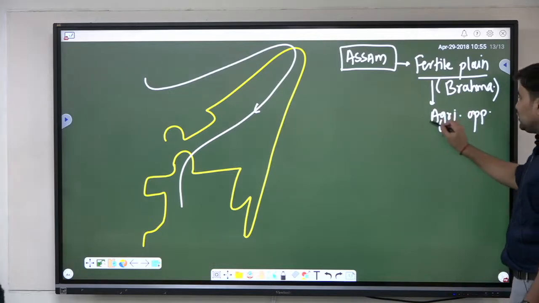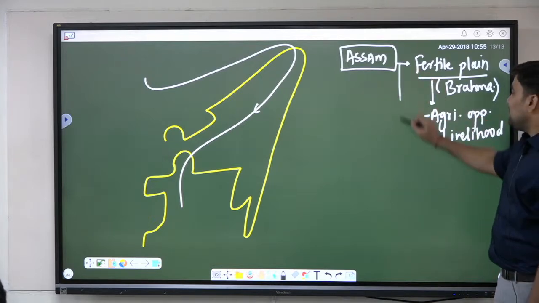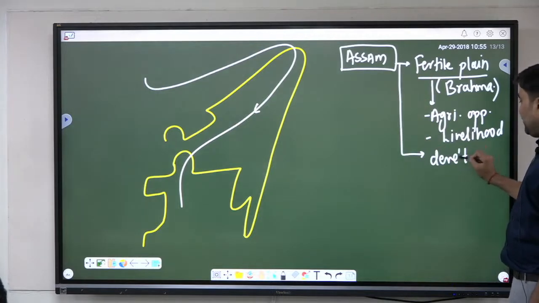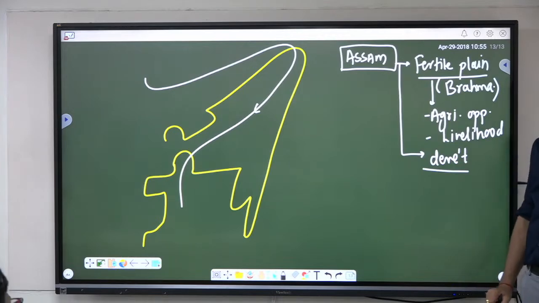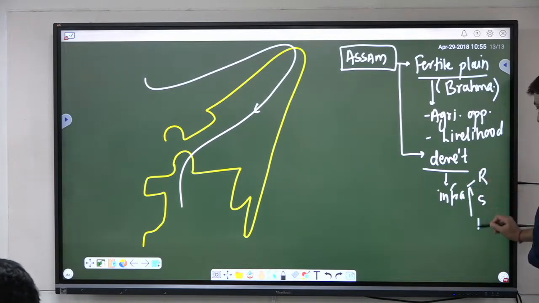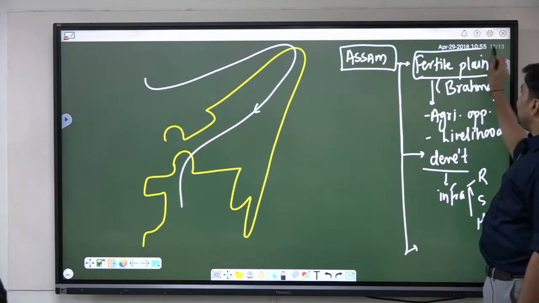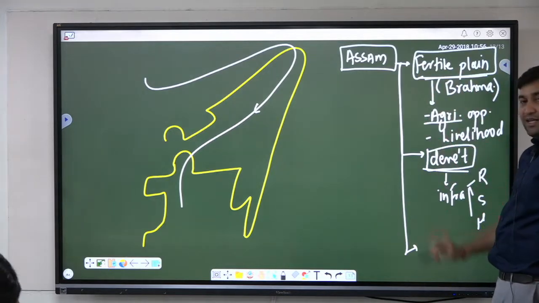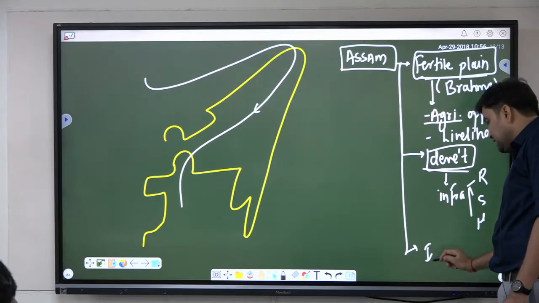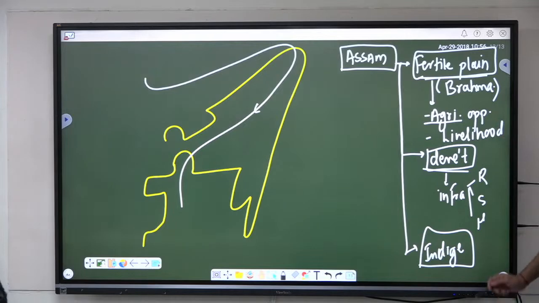Am I right? Agriculture prosperity means good livelihood opportunities. Plus, Assam has good developmental indicators in the form of HDI, and basic infrastructure like roads, schools, hospitals. All this is where? In Assam. So first, fertile plain area, good agriculture and livelihood; second, good developmental aspects; and third, Assam has multiple indigenous tribes, like which ones? Bodos. I am giving Bodos as an example; there are many examples.